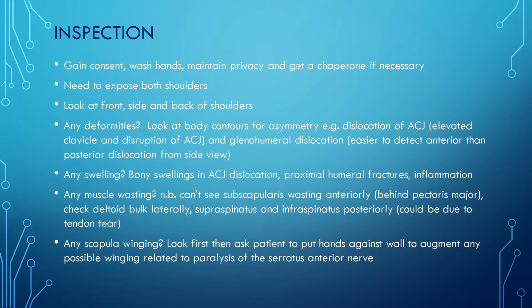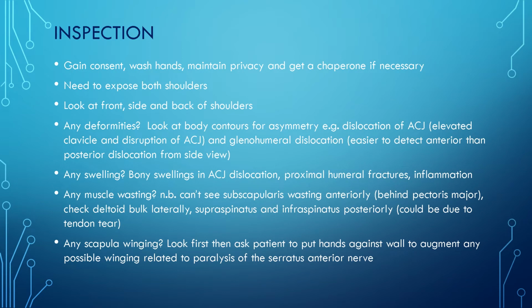Then you need to expose both shoulders, because you're going to look from the front, the side, and the back. When you're doing inspection, you're looking for any deformities. You're going to contrast and compare the left to the right. You're going to first of all look at the bony contours of the shoulder. Can you see any possible dislocation of the AC joints anteriorly?